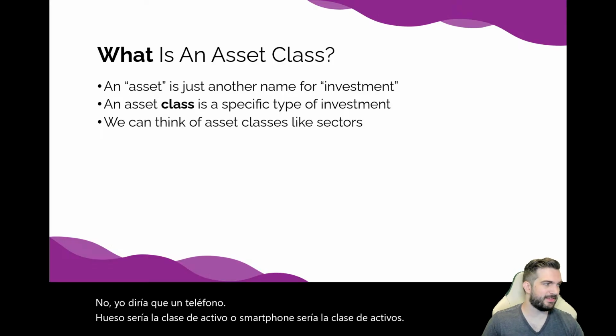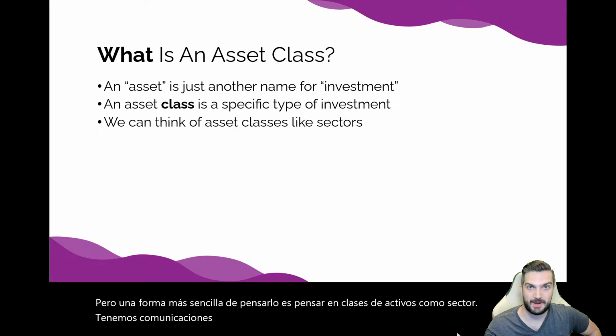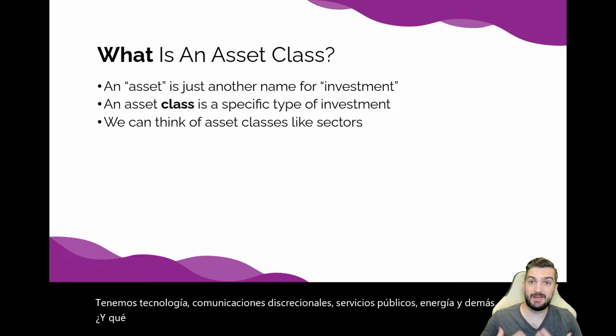But an easier way to think about it is to think about asset classes like sectors. We have technology, discretionary, communications, utilities, energy, and so on. And what that is, it's a way of grouping companies together based on what they do.